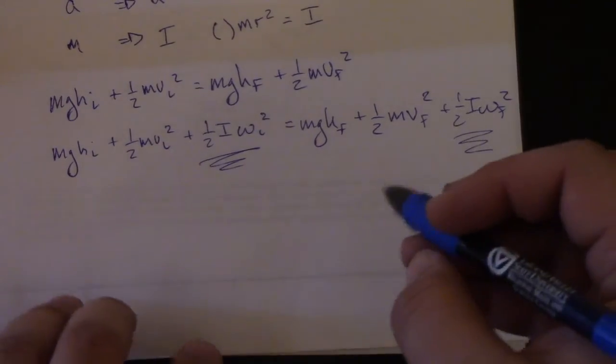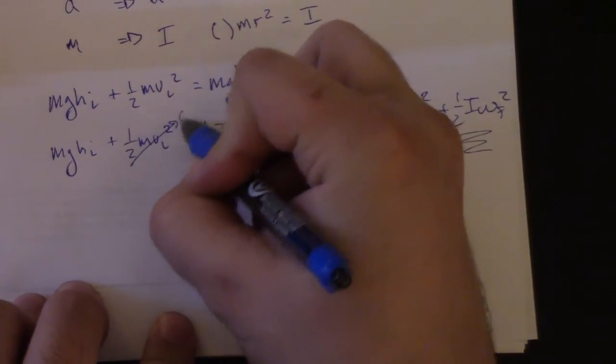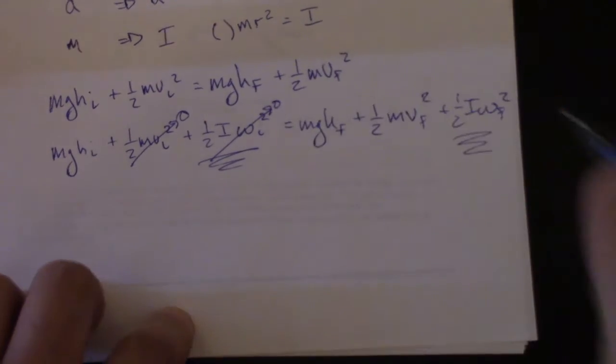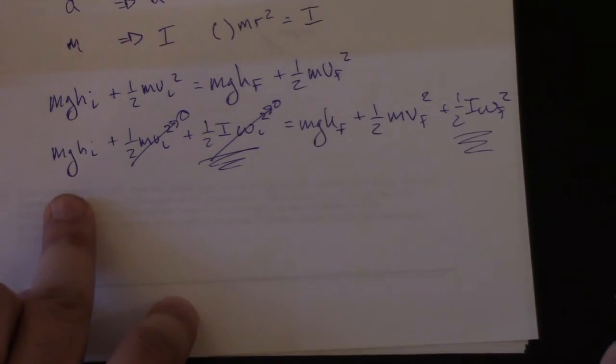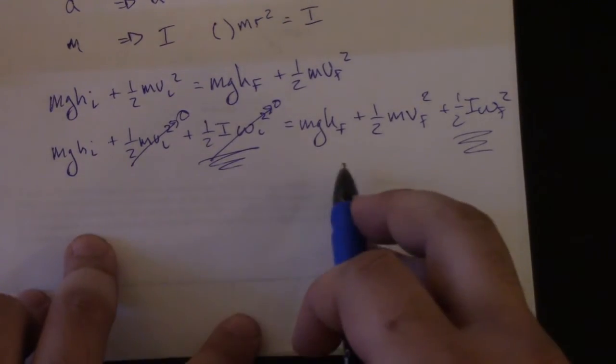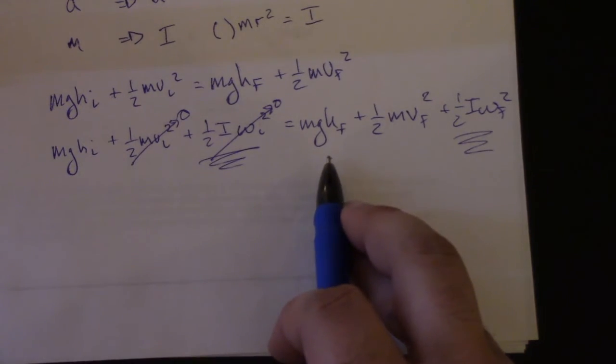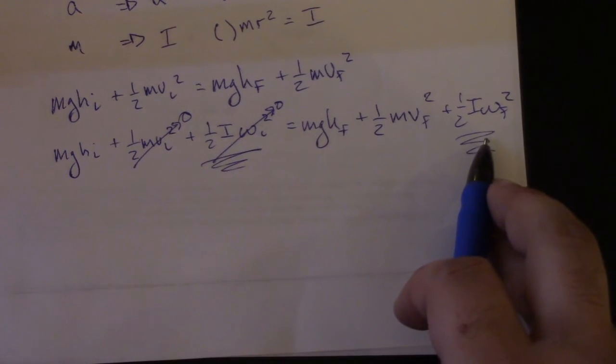And so just to go a step further, we know initially our object is going to be at rest, so it's not rotating or moving. And so we just have mgh initial. It is going to end at some height with some velocity and some rotational velocity.